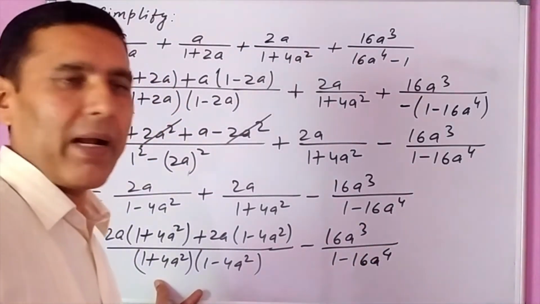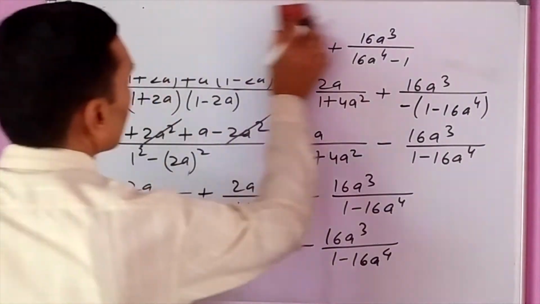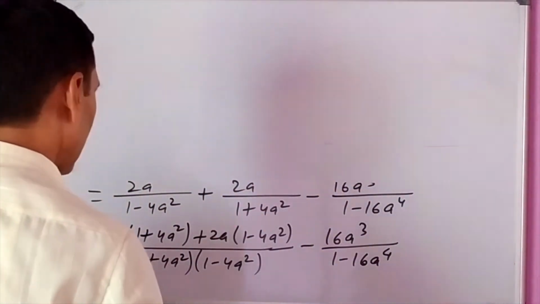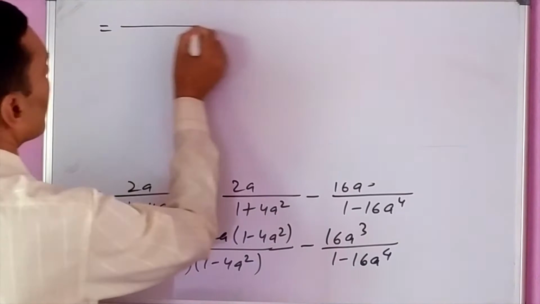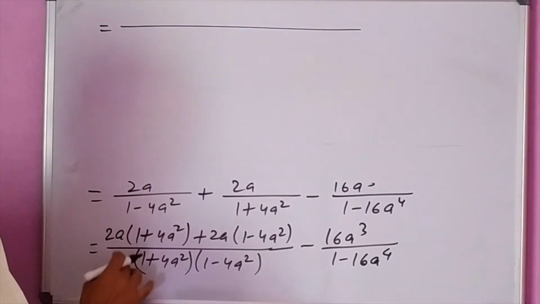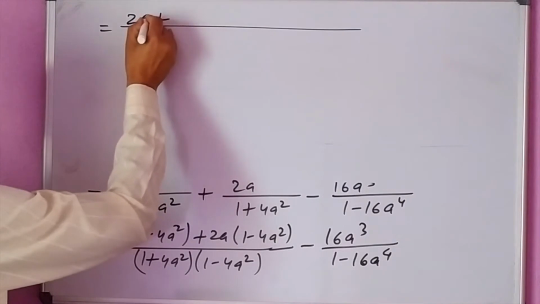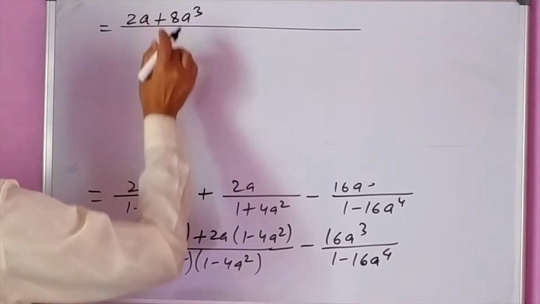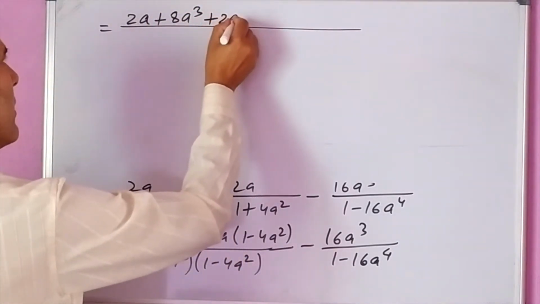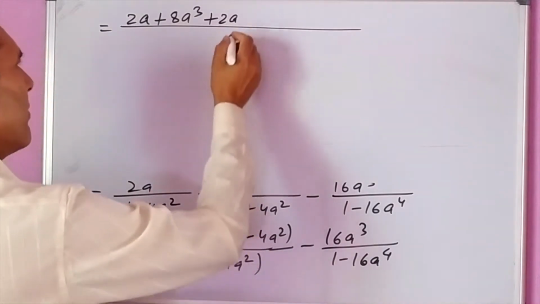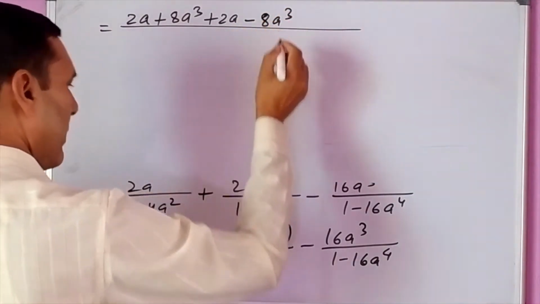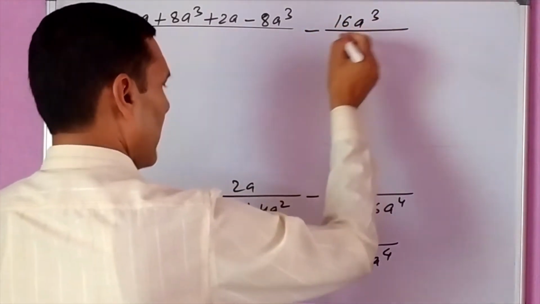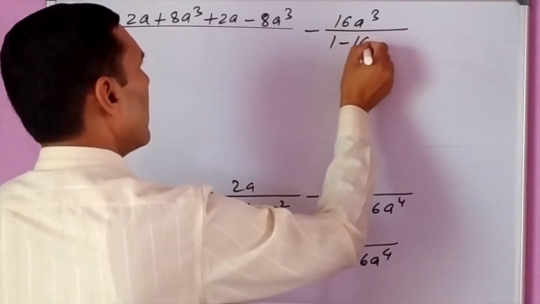Now we have to open the bracket here. It is 2a into 1, 2a, plus 4a times 2a, 8a cube, plus 2a, and 2a times 4a square again, minus 8a cube, and the last term stays as it is, minus 16a cube upon 1 minus 16a power 4.